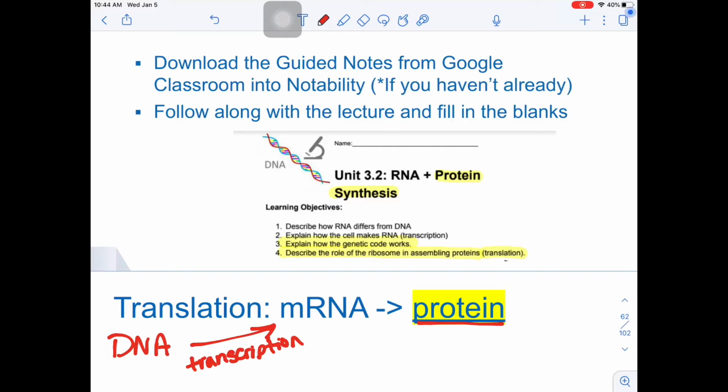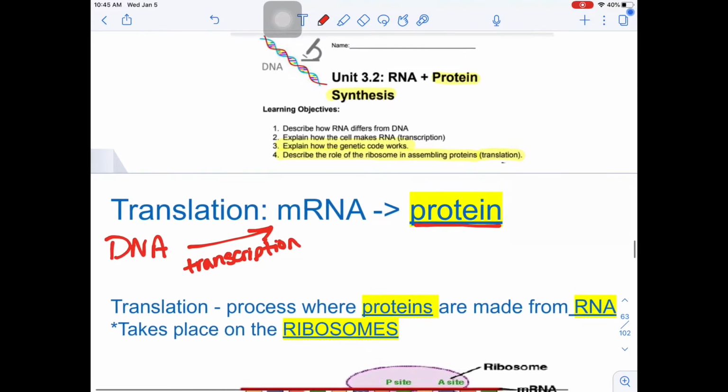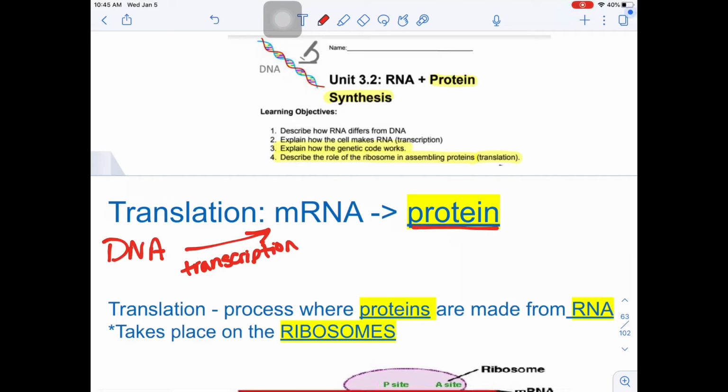And remember, proteins are the building blocks for our cells. They have hundreds of different functions inside of our bodies, and we cannot survive without those proteins that are made during the process of translation. So the definition for translation is, putting that together, the process where proteins are made from the RNA, and this takes place on the ribosomes.